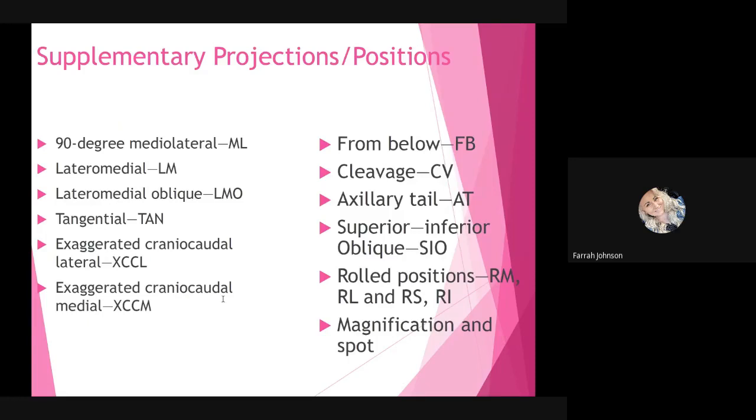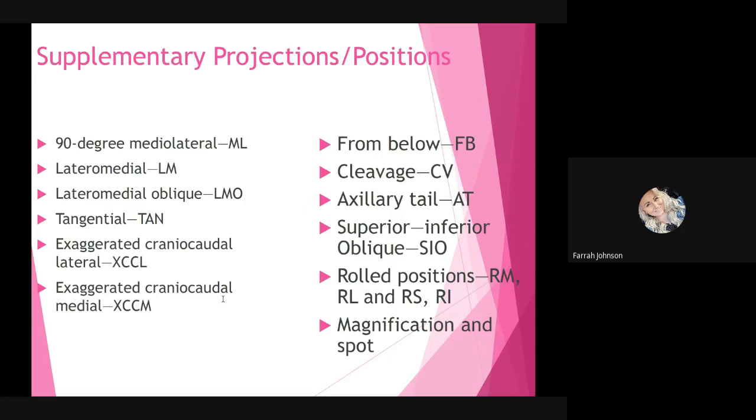So, some of the supplementary projections and positions that we are going to talk about will be the 90-degree medial lateral or ML projection. We're going to also talk about the lateral medial, which is LM, the lateral medial oblique, which is our LMO. We're going to talk about tangential views, the exaggerated craniocaudal laterals or XCCL. Those are very commonly performed.